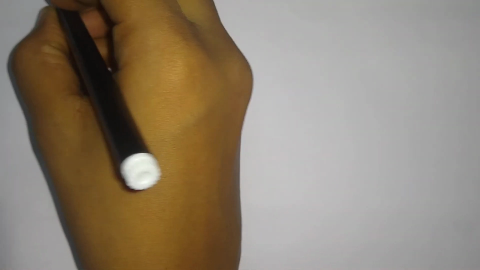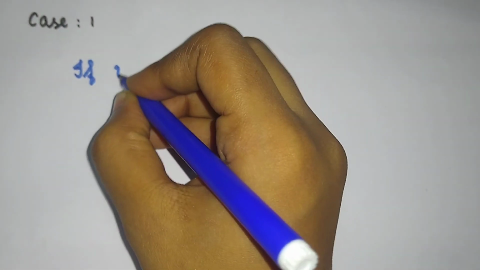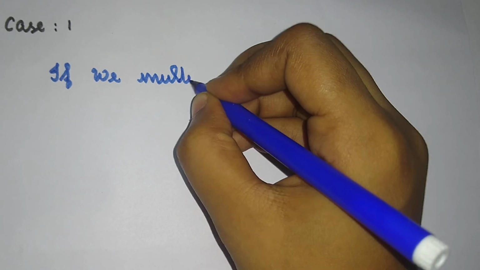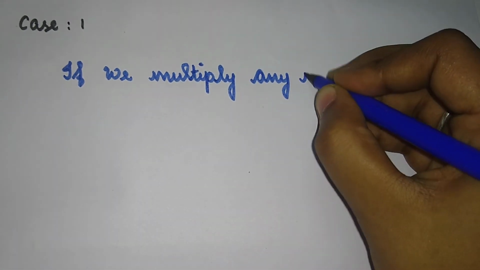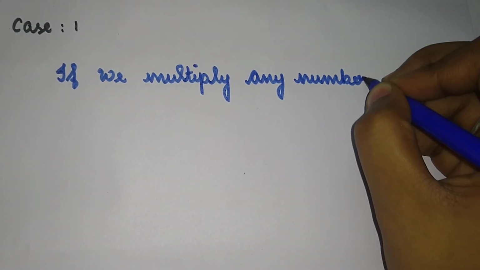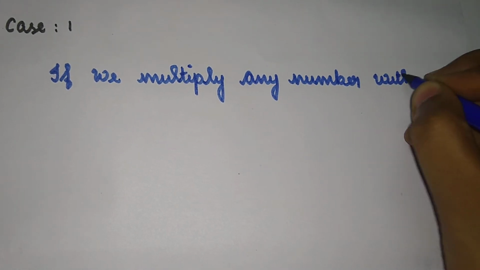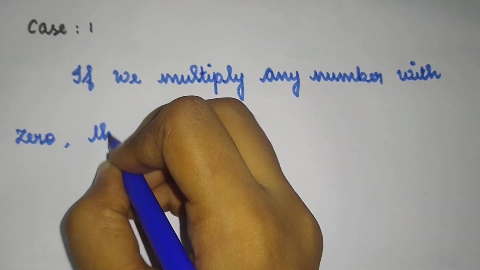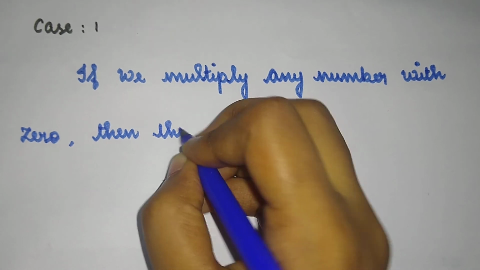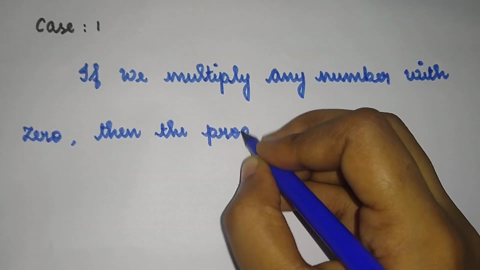Case number 1. If we multiply any number with 0, then the product will be 0.